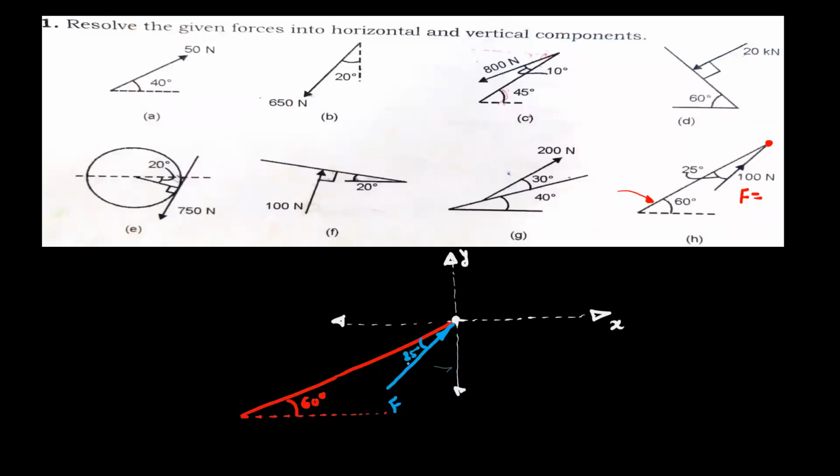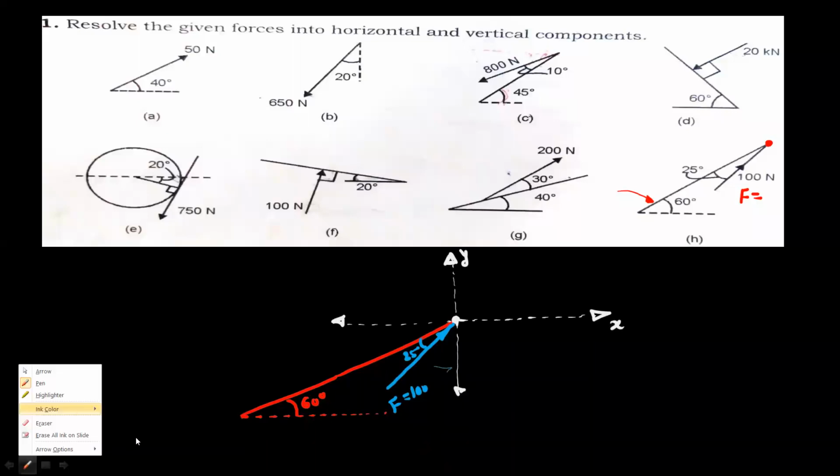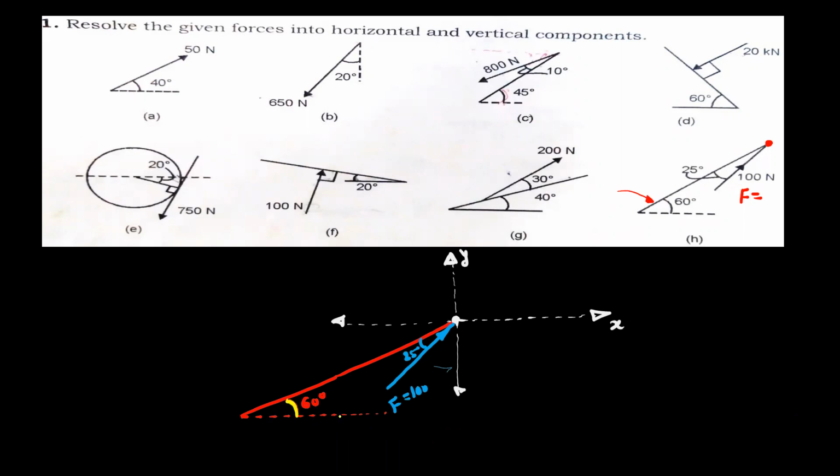So this 25 degree, it is not with respect to x-axis or y-axis. So first step is we have to find out the angle of F, or 100 Newton, with respect to x or y axis. So how we can find out this? To find out the angle of the 100 Newton with respect to x-axis, you can observe this angle. It is 60 degree with respect to ground.